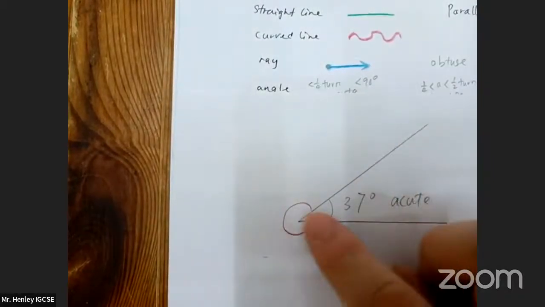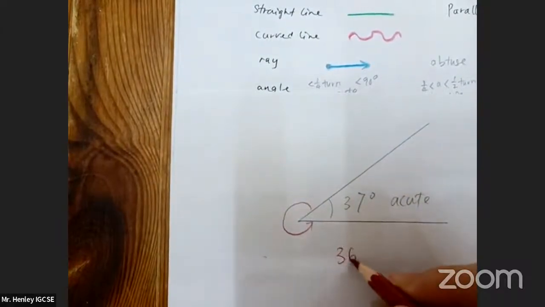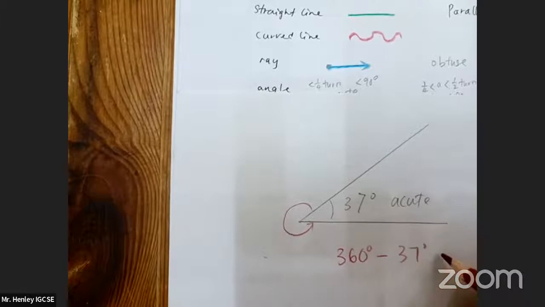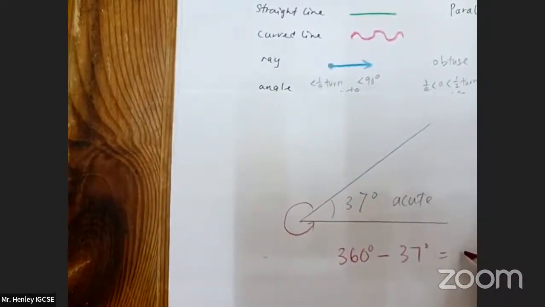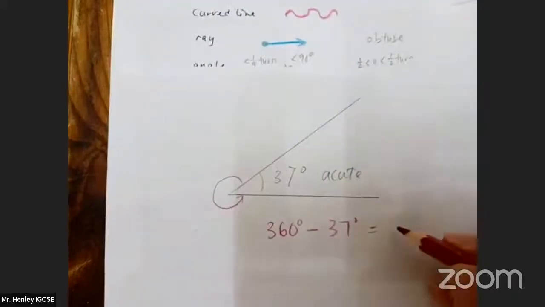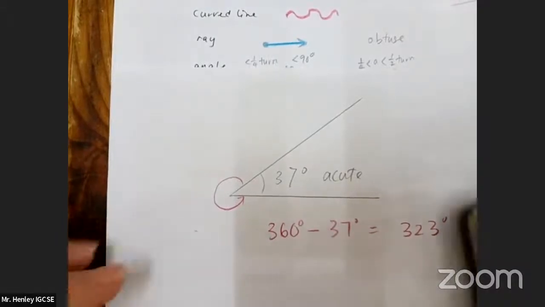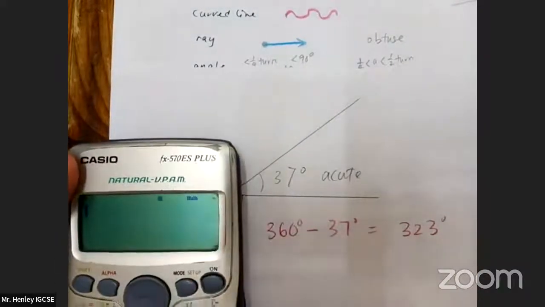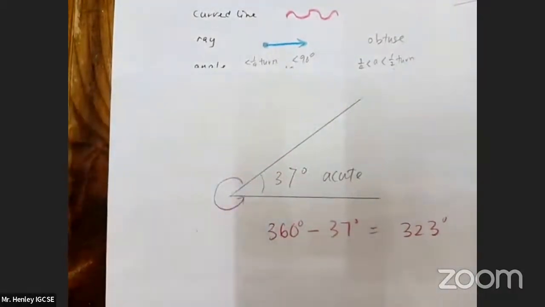Number one is you measure this one, and then calculate 360 degrees minus 37 degrees to get the reflex angle. 360 minus 37 gives 323. Yes, it's correct.